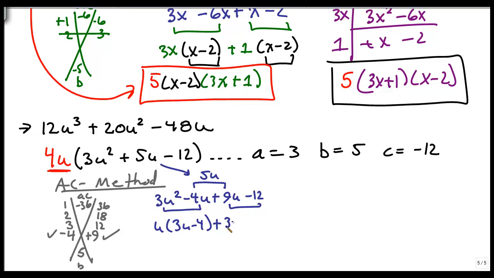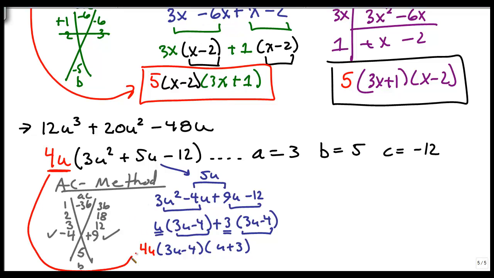Greatest common factor is a 3. If I factor out the 3, I'm left also with 3u minus 4. Greatest common factor between the two groups is 3u minus 4, and I'm left with u plus 3. And then of course I need to remember from up top that 4u from before, my greatest common factor.